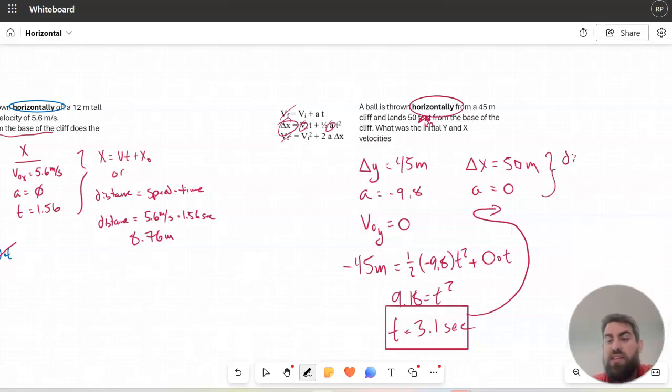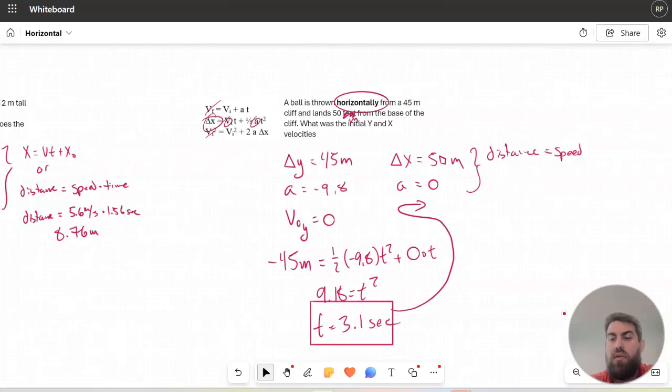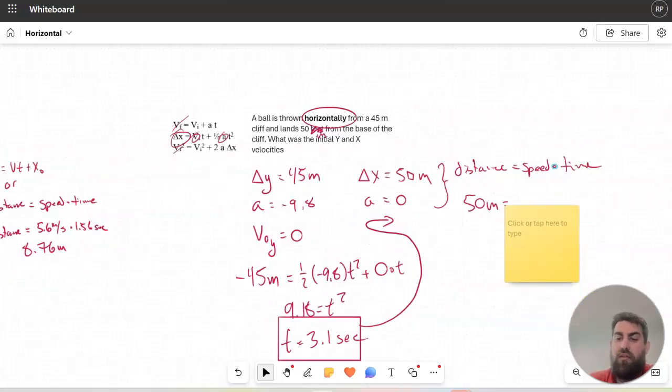So you can use distance equals speed times time. We have our x distance, which is 50 meters. We're looking for our speed. Okay, I love touchscreens.